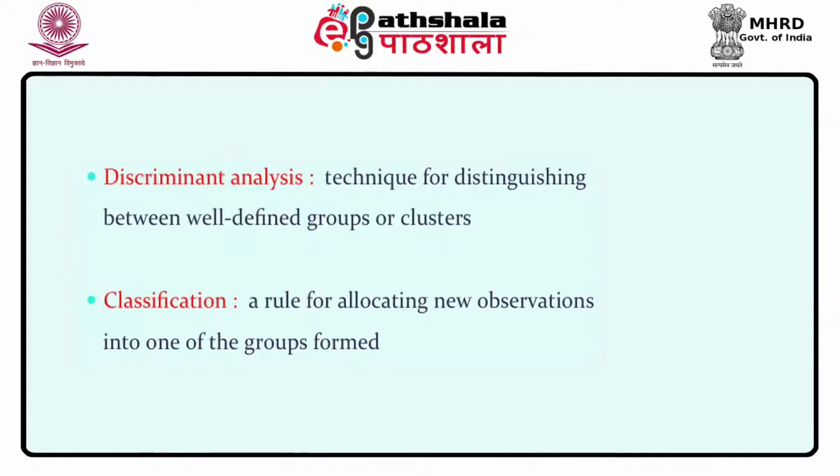Once we do the discriminant analysis part, we have the distinct clusters with their distinct characteristics. In the classification rules, what we do is we allocate new observations into one of these groups. So when a new individual comes in, which of these well-distinguished groups do we need to place him in? That question is answered by the classification rule.